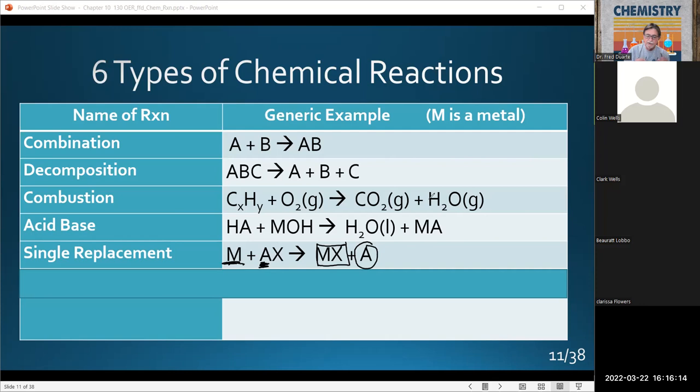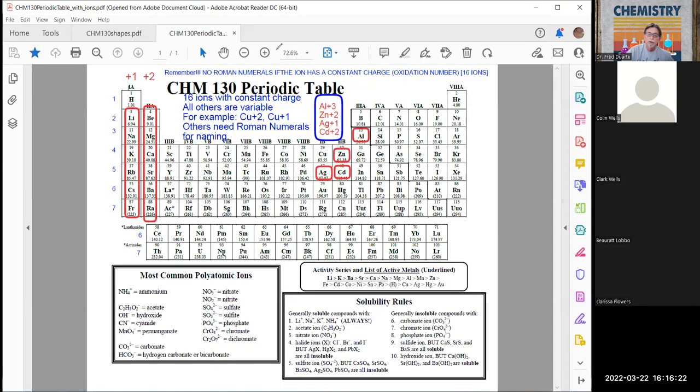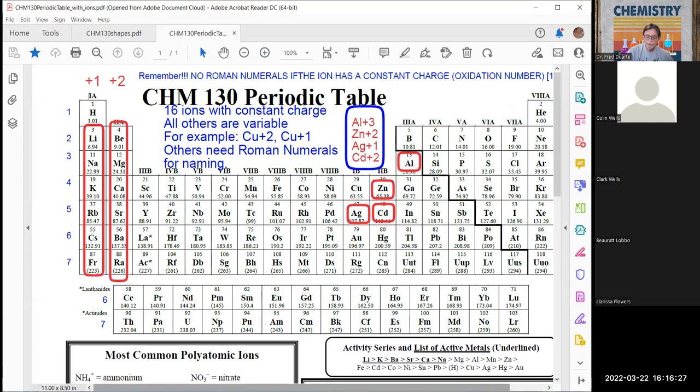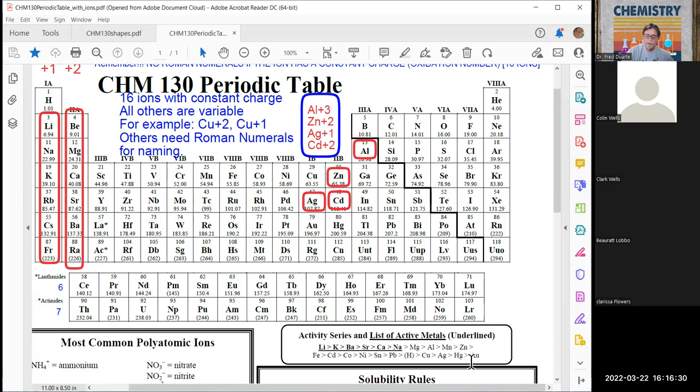Now, what drives this process is as follows. On the periodic table, on the right-hand side, right above the solubility rules, we have a table called the activity series. We're going to learn how to use this activity series, but in a nutshell, it's telling you that lithium metal is a lot more reactive than gold.